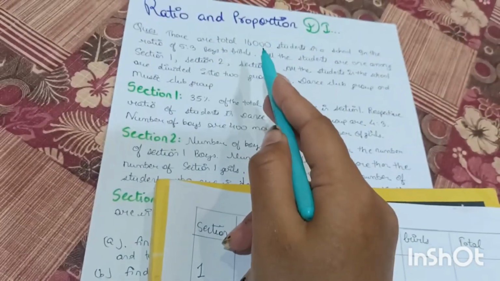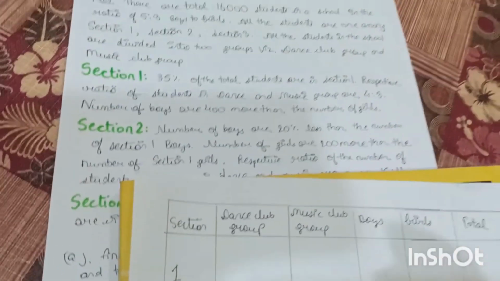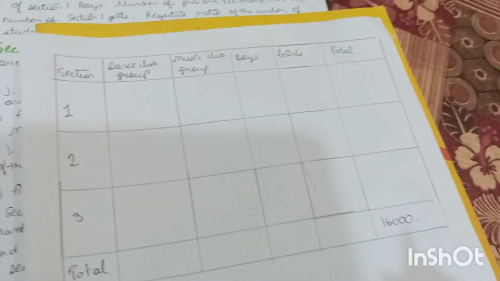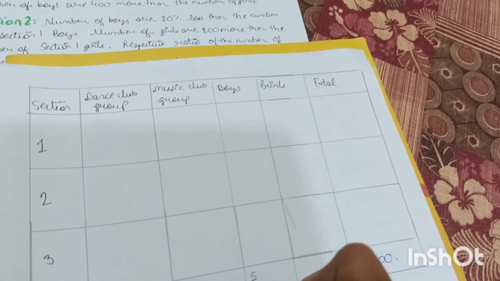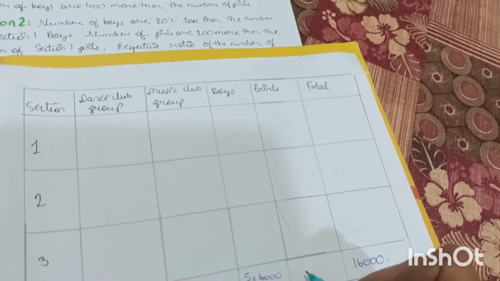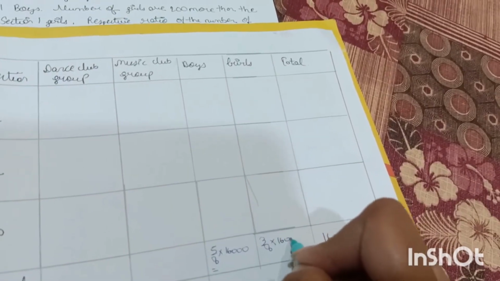So total students are given 16,000. So let's put the value 16,000. And the ratio for girls and boys are given 5:3. So for finding 5 upon 8 into 16,000. So you'll get the value, and over here 3 upon 8 into 16,000.